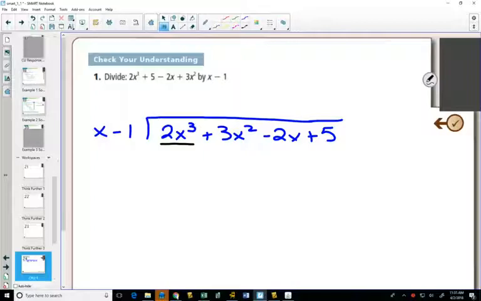And if that's our biggest value, what would I have to multiply x minus 1 by to get a 2x cubed? Can you see it? Tyson, pick someone who you think sees it. Pick someone else.